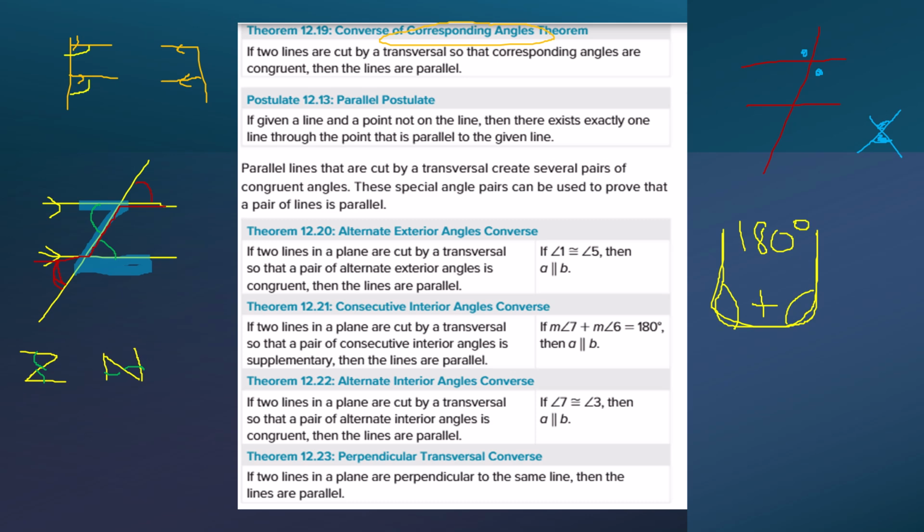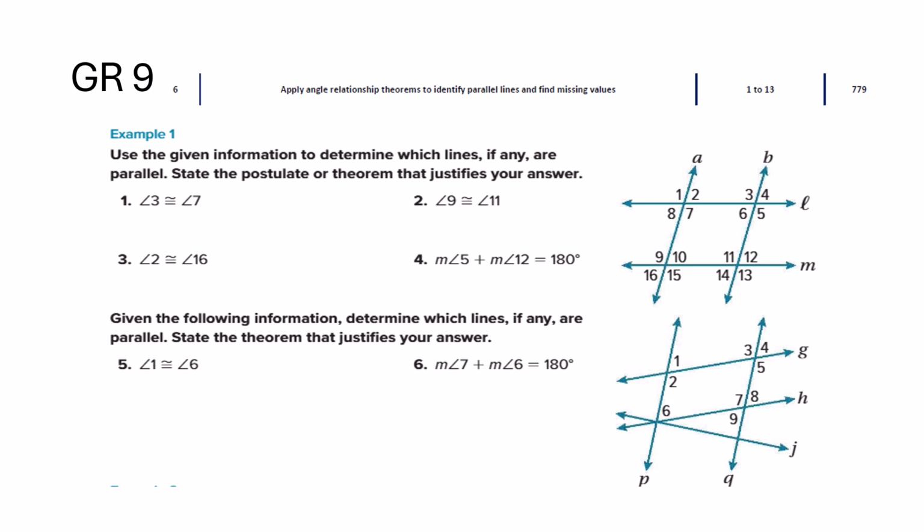If you add both these angles and it gives you 180 degrees, we can therefore conclude that the lines are parallel. Based on that information, we're going to go ahead and try and solve some of the examples.